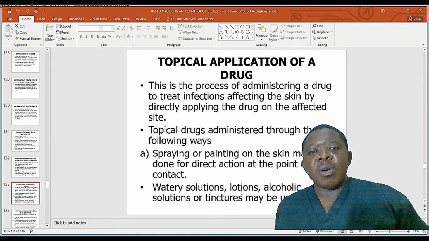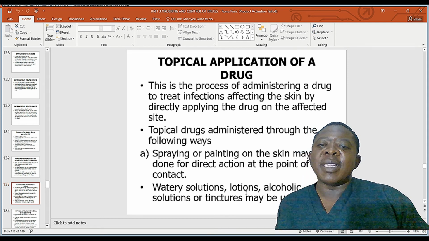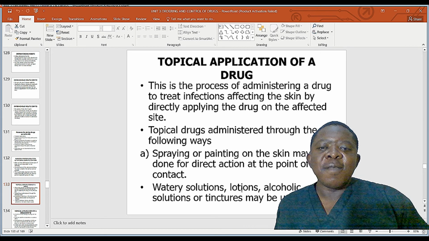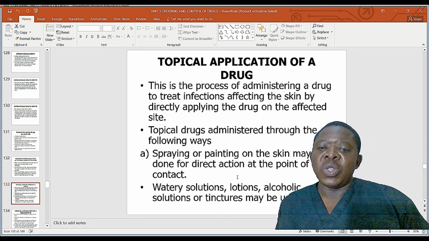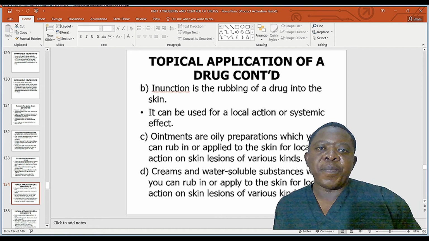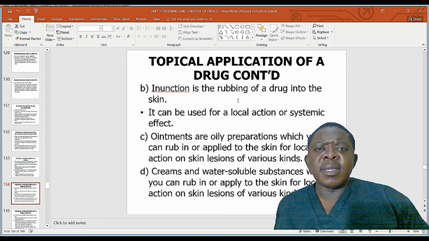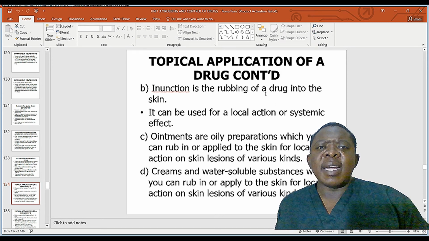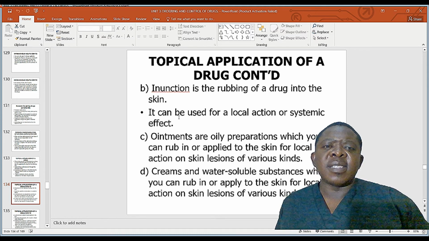Topical drugs are administered in the following ways. Spraying or painting on the skin may be done for direct action at the point of contact. Water solutions, lotions, alcoholic solutions, or tinctures may also be used as topical application. Others can be rubbed onto the skin, and can be used for local action or systemic effect.